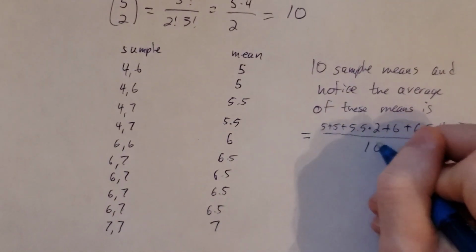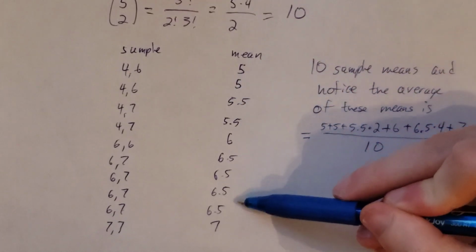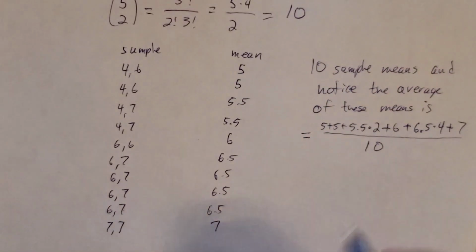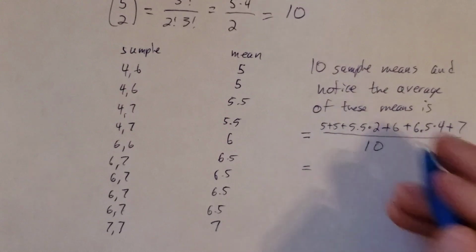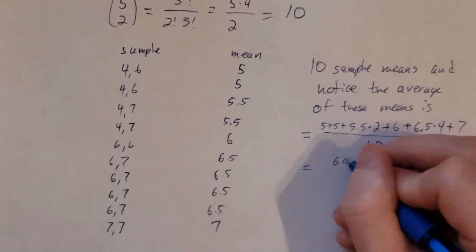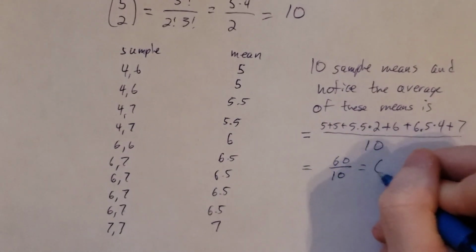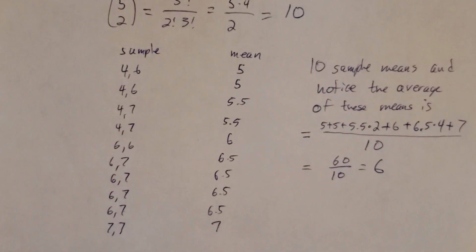And this is all divided by 10 because there's 10 things we are adding up here. Well, this top part sums to 60. So that is 6.